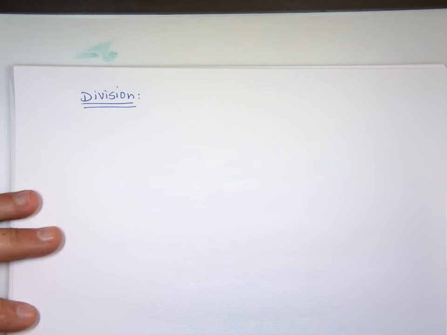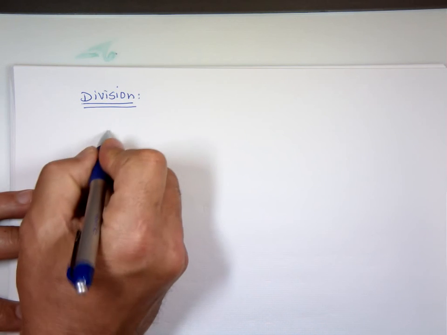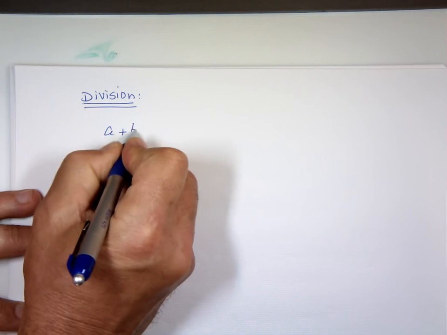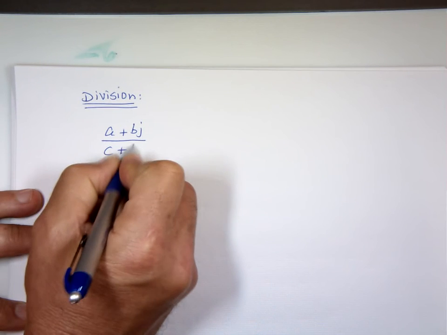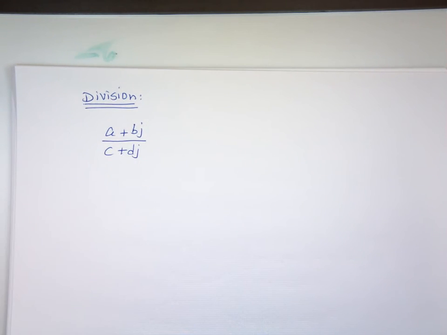If I have a plus bj and you want to divide that by c plus dj. Remember, j is the square root. But let me refresh your memory. Let me take you back a while ago. I'm not going to do complex numbers, just this example.